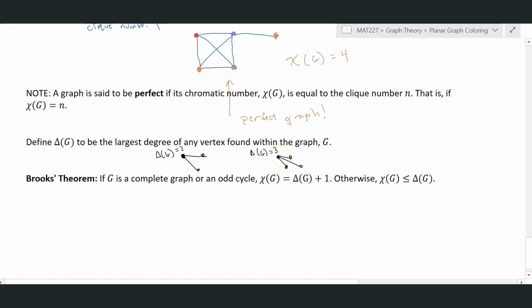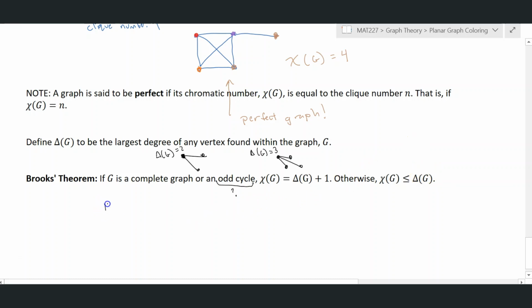1, 2, 3. Brooks' theorem says if G is a complete graph or an odd cycle, I'm not going to get into this odd cycle concept here, but if G is a complete graph, then the chromatic number is equal to delta G plus 1. Otherwise, the chromatic number is less than or equal to delta G. Let me give you a little bit of intuition.